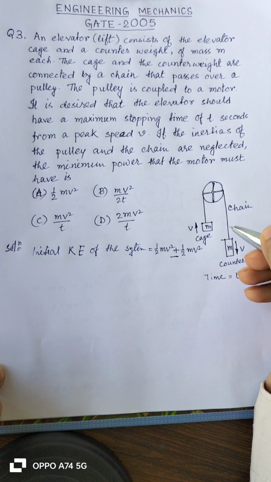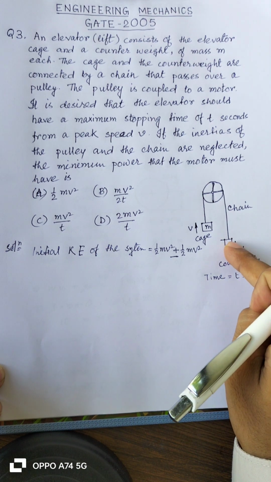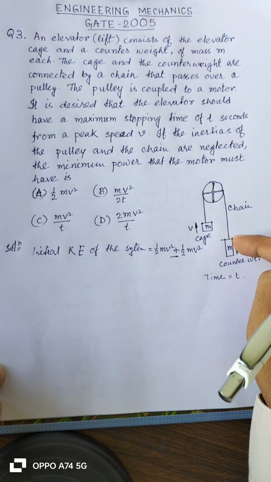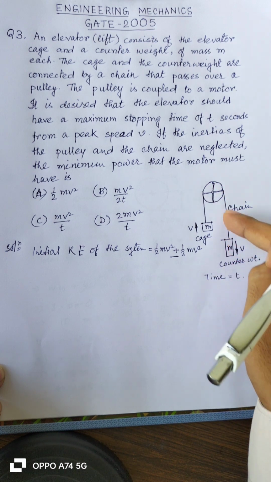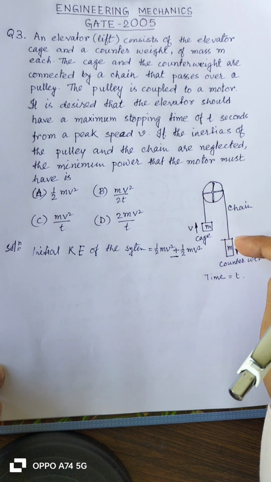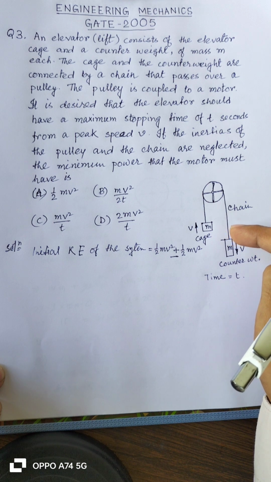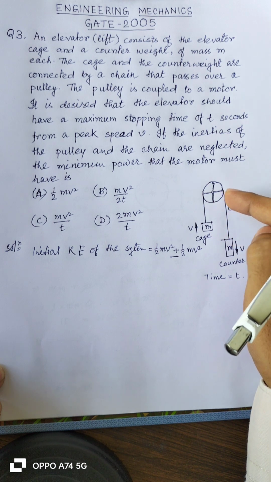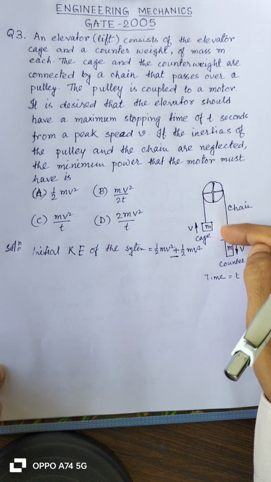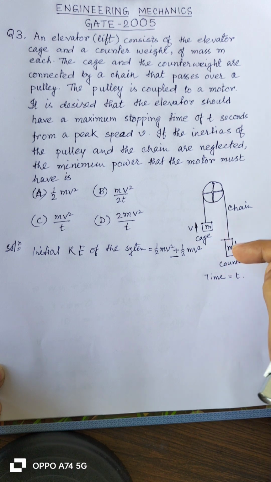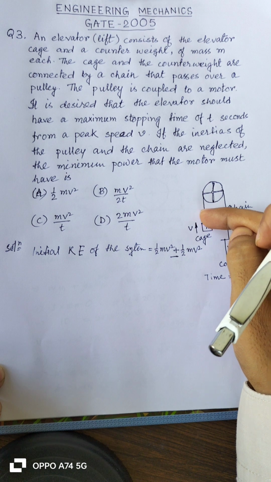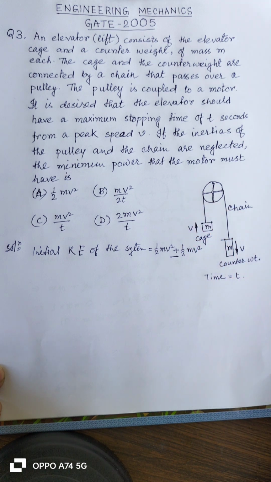Just think that there is a single mass, suppose this one is moving down and you have to stop this movement. You need to apply the braking power required to stop this weight, that is half mv square only, if there is no mass on this side.